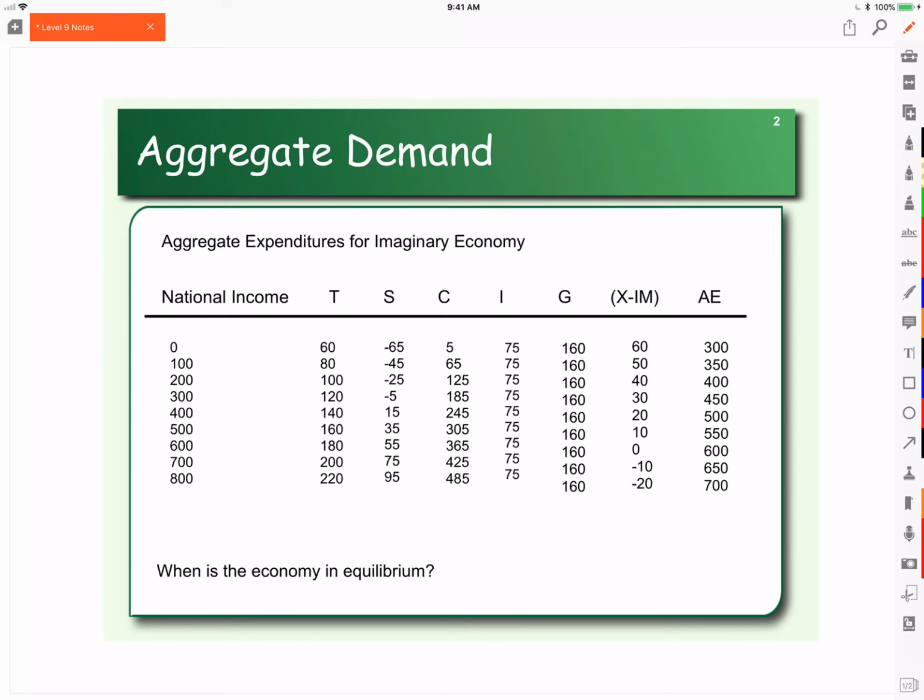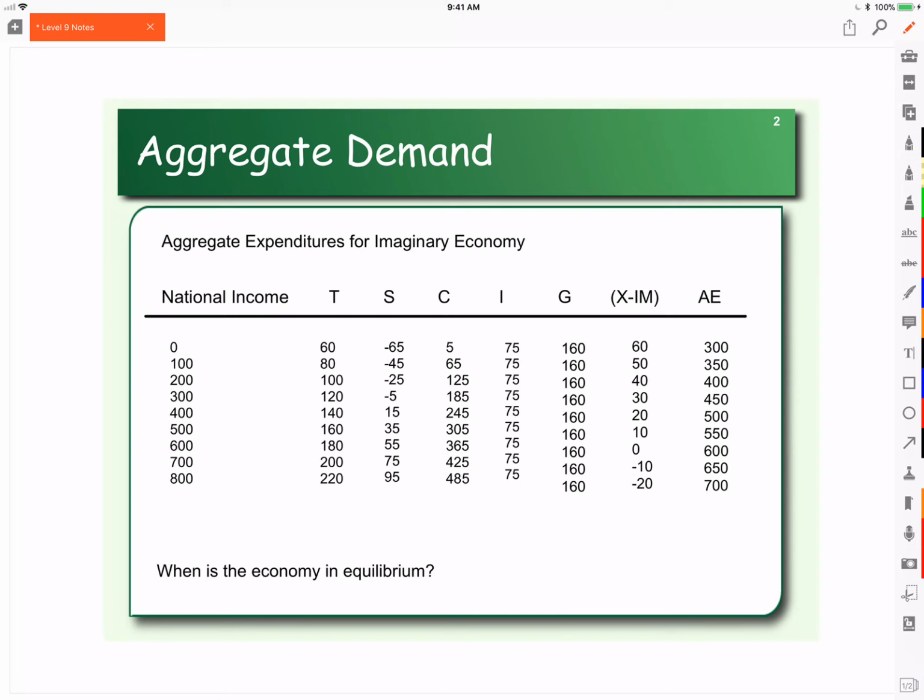How do you find net taxes? Taxes minus transfer payments. And then we have savings and consumption spending, investment spending, government spending, and our net exports. And then here on the far right column, we have aggregate expenditures, total spending in the economy. So we're going to be looking at each of these and diving into what they tell us.